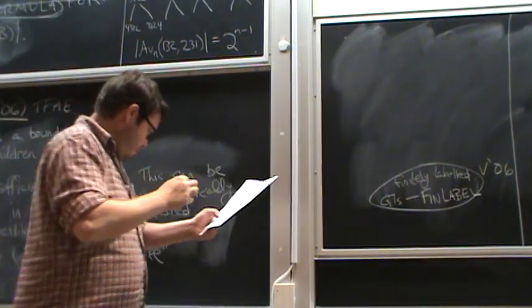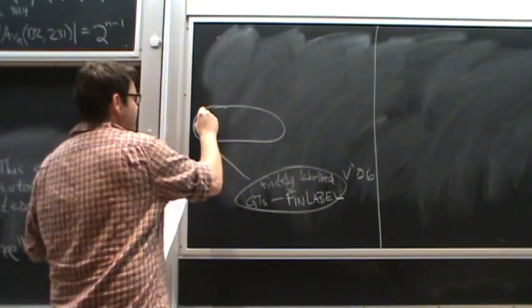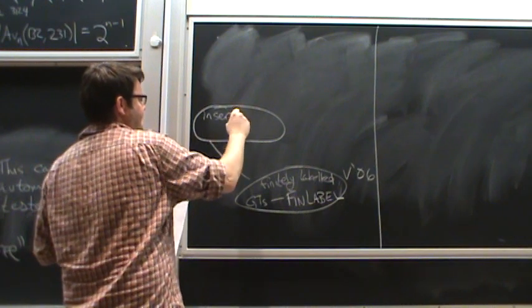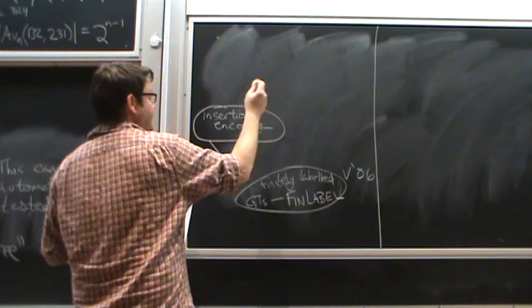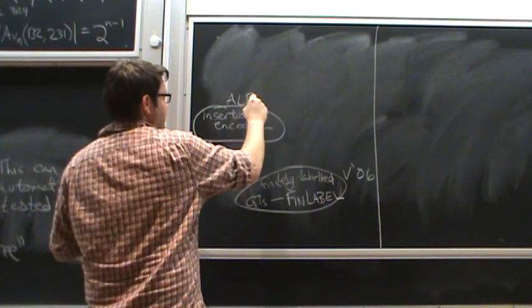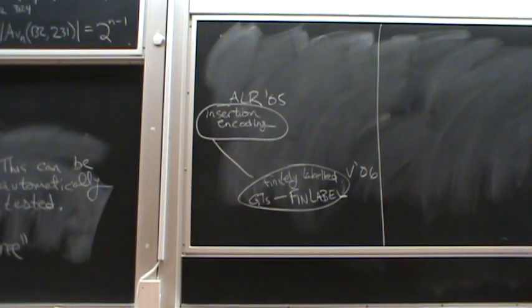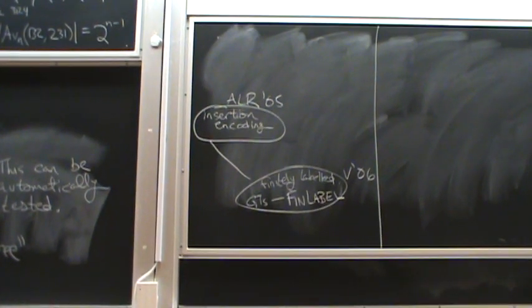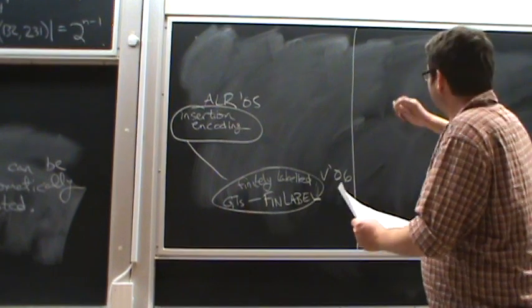And then the next one I'm going to talk about is this thing called the insertion encoding, by Linton and Ruskuc. Despite the dates, it was inspired by the finitely labeled generating tree results. They just published it in the electronic journal, whereas I used an old-fashioned paper journal. So this actually did come afterwards, and that's what I want to talk about next.